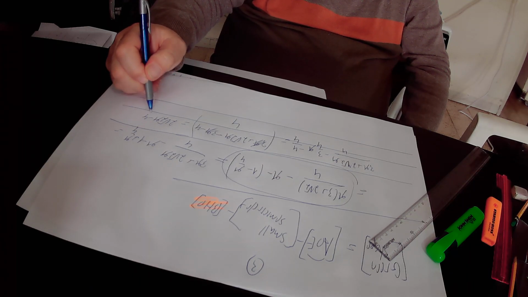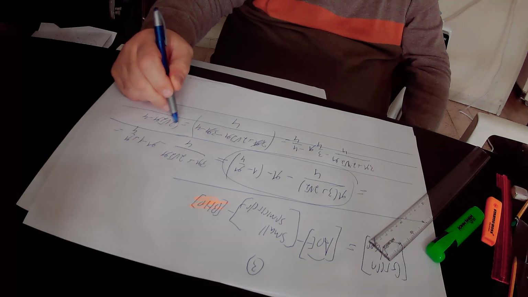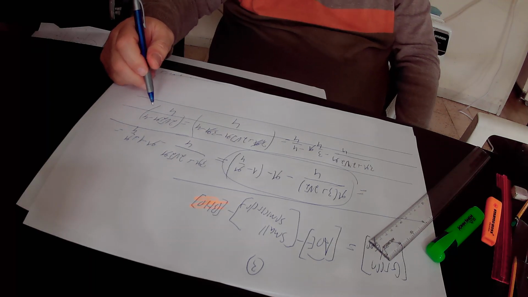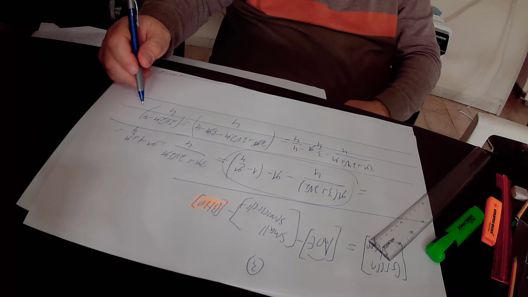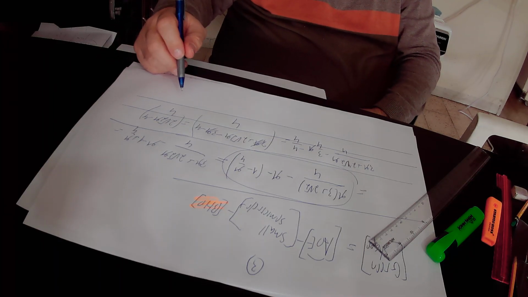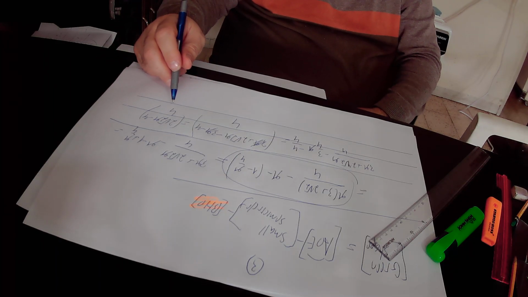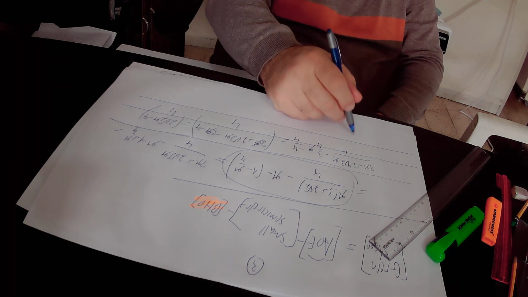minus 4 over 4. Here we divide both the numerator and the denominator of this expression by 2.